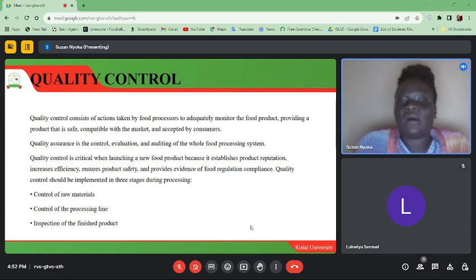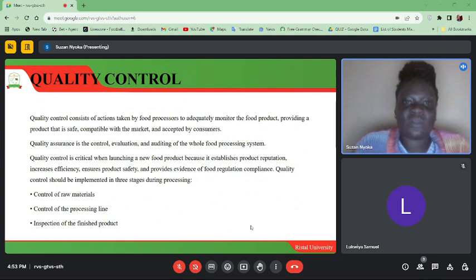You know very well, as we produce these products, we need to look at the quality of the products we're going to make. And then there are a lot of things we need to consider. One is the steps at which you can actually control or determine the quality of this product. One is at the stage of getting your raw materials. Make sure you get materials that are not bad and all that. And then you can also improve the quality of your product at the processing line when you're processing the products.